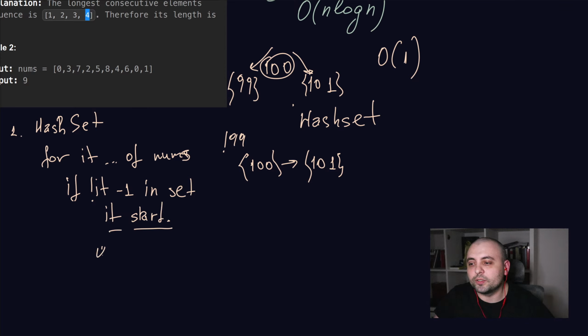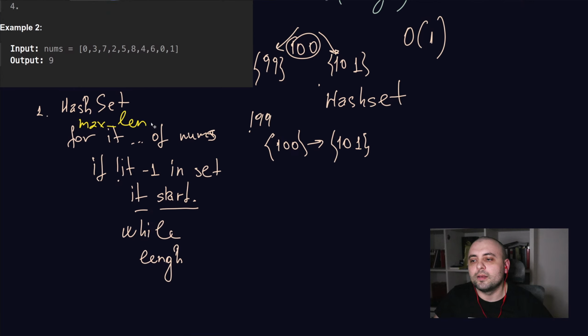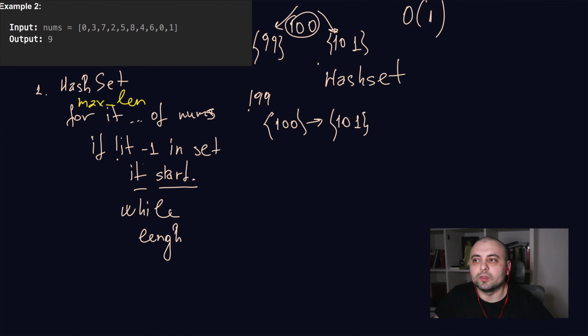Then we'll start using a while loop. We increase our number till there is no more item in our hash set, and that will be our length of the sequence. And we'll need as well to have a max length somewhere above, because we may have multiple sequences, but we'll need the biggest one.